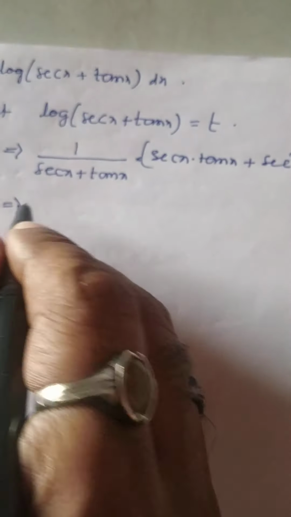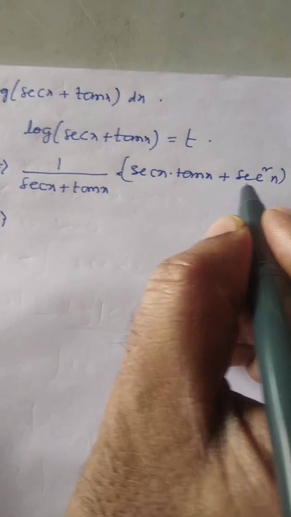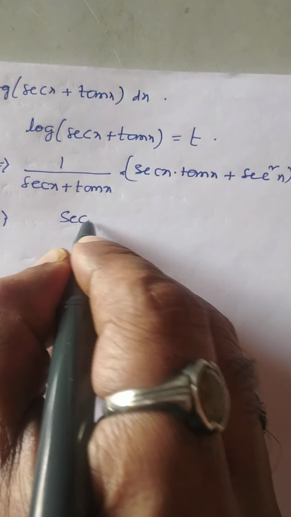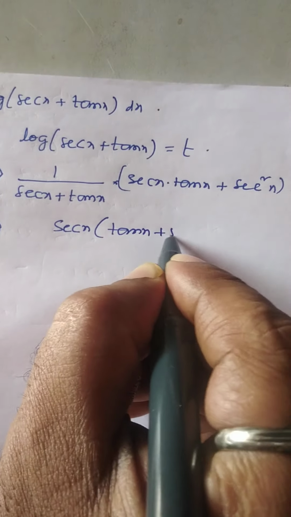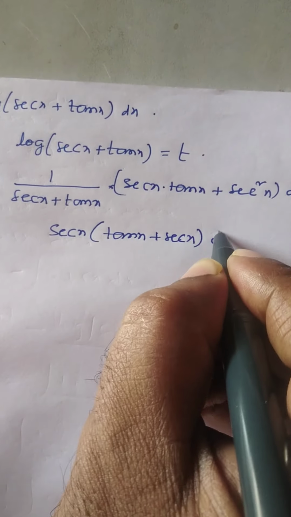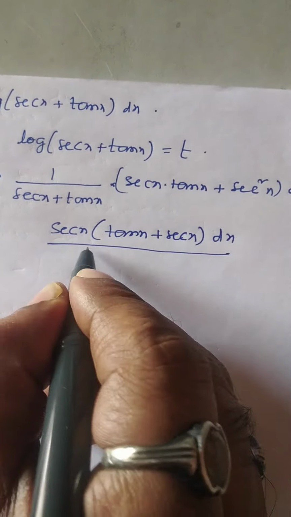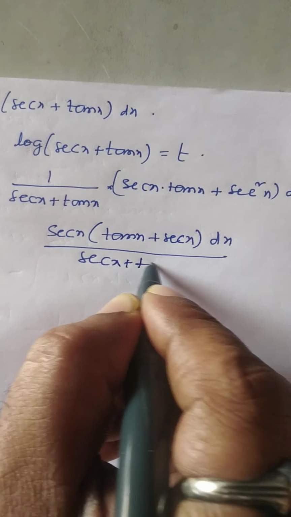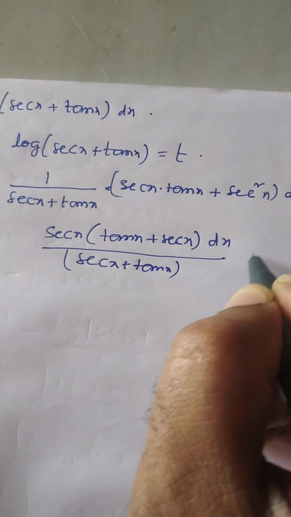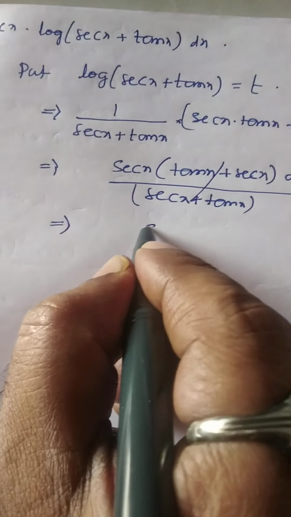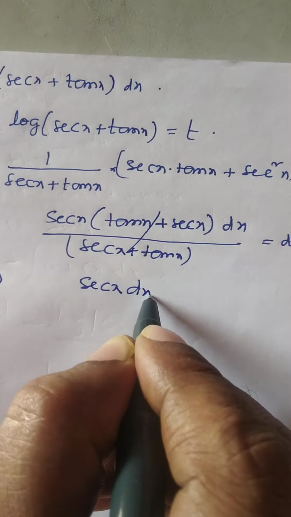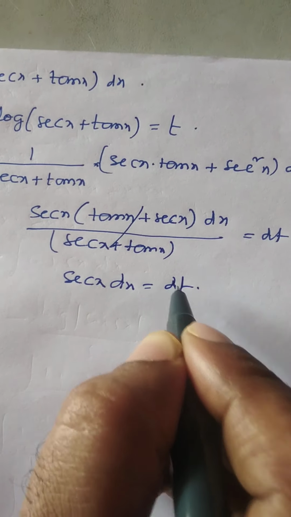So from this, in these two terms, numerator secant x if taken common, you will be getting tan x plus secant x into dx by secant x plus tan x is equal to dt. So these two get cancelled. Finally what you are left with is secant x dx is equal to dt simply.